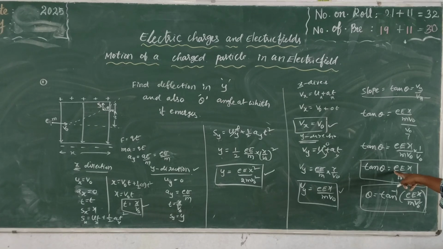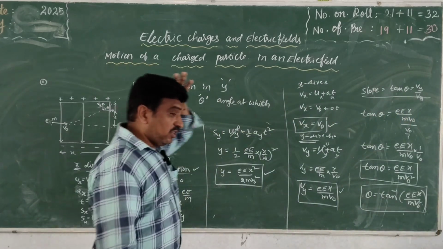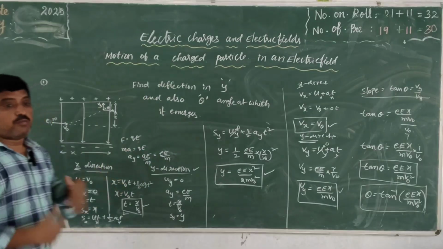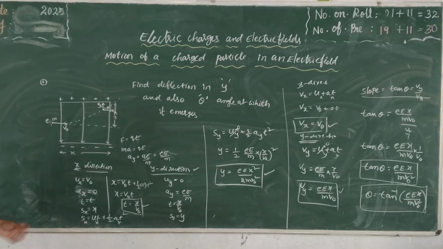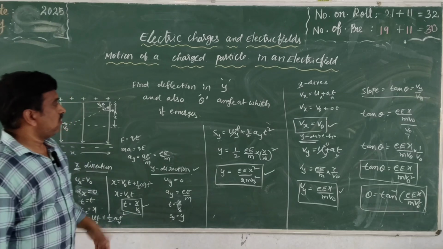Small e is the charge of the particle, E is the electric field, x is the displacement along the x axis, m is the mass of the charged particle, and v naught is its initial velocity. Now by using that we can find the angle at which it emerges out from the electric field. So this is the answer: the deflection along y, and theta at which it emerges.